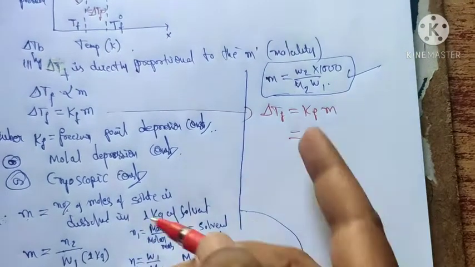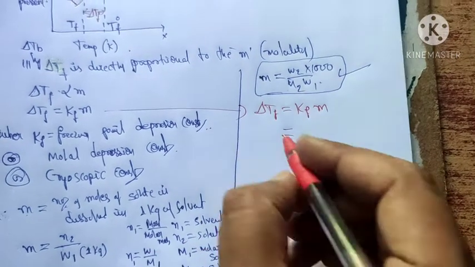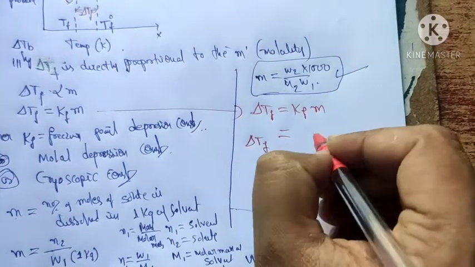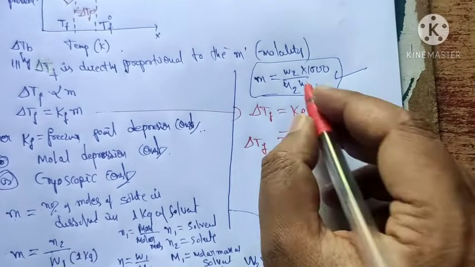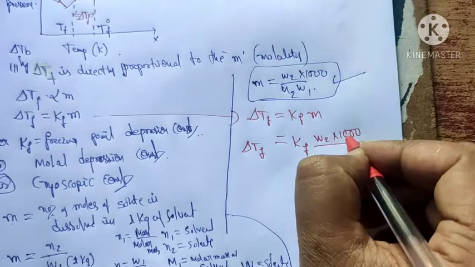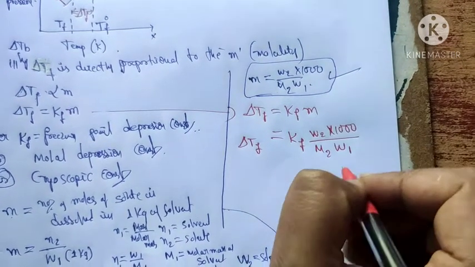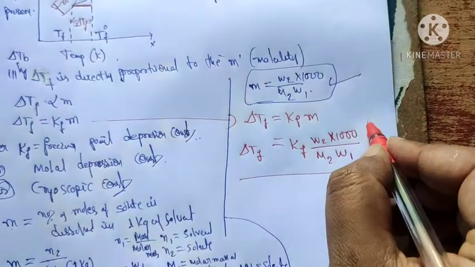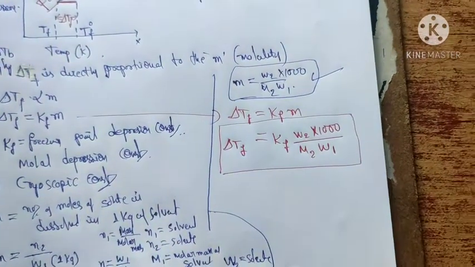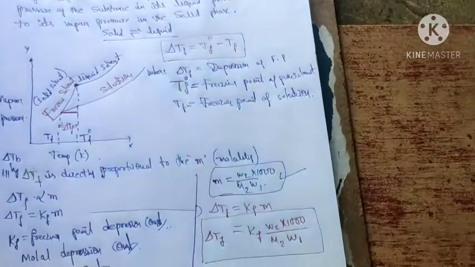Now come to this point: delta TF is equal to KF into m. The m value you substitute here. So delta TF is equal to KF W2 into 1000 by M2 W1. This is called the depression of freezing point.